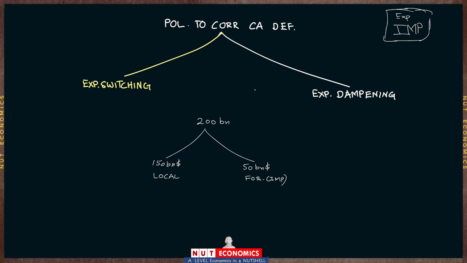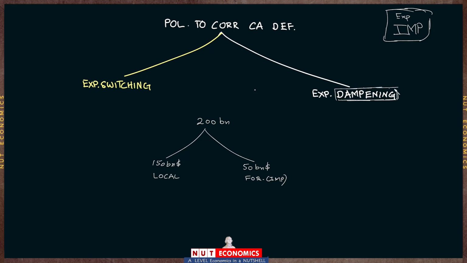Since the country is over importing and spending too much on foreign products, throwing the current account into a deficit, the government tries to dampen the overall expenditure of the country.